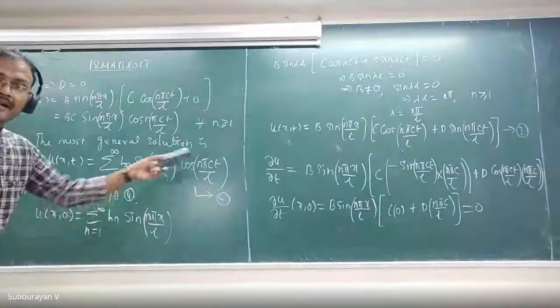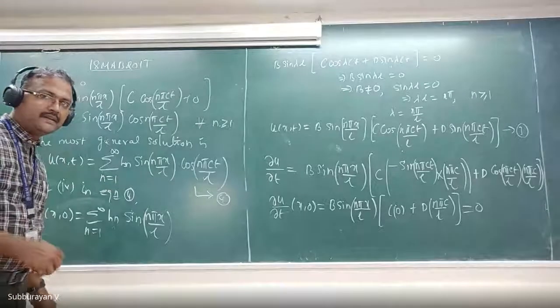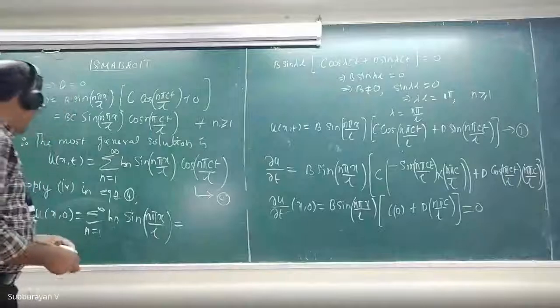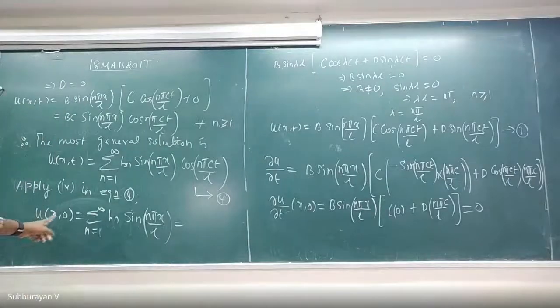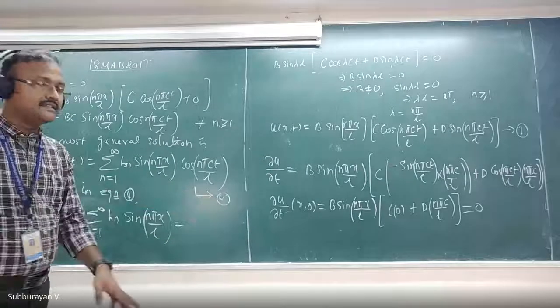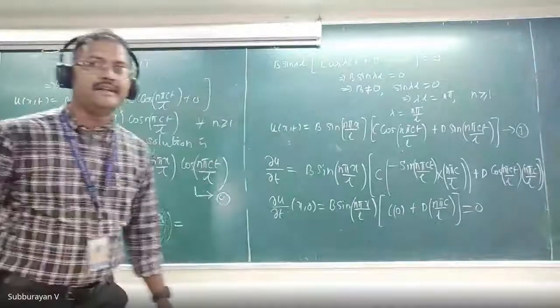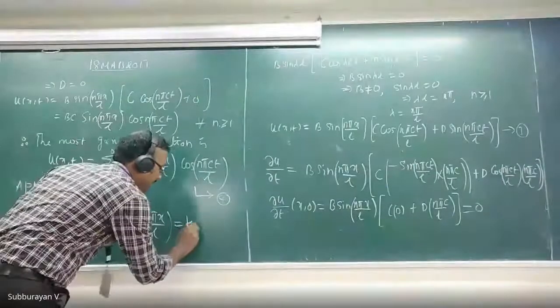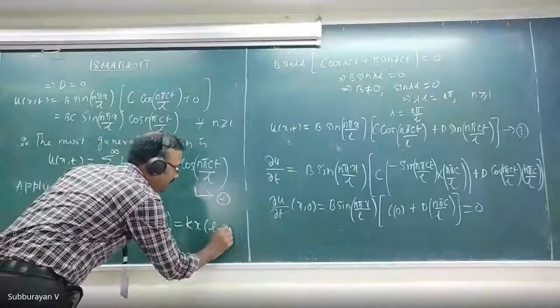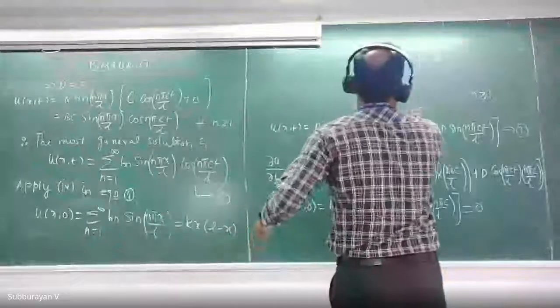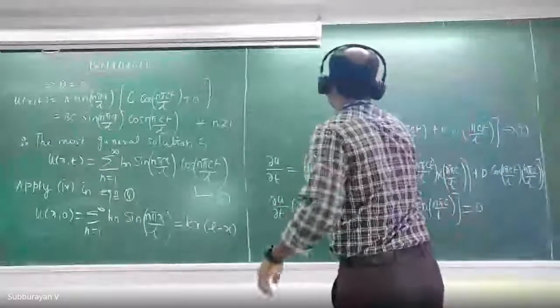But cos 0 is 1. But what is u of x comma 0? U of x comma 0 is the condition which is f of x, that is kx into L minus x. Fine.